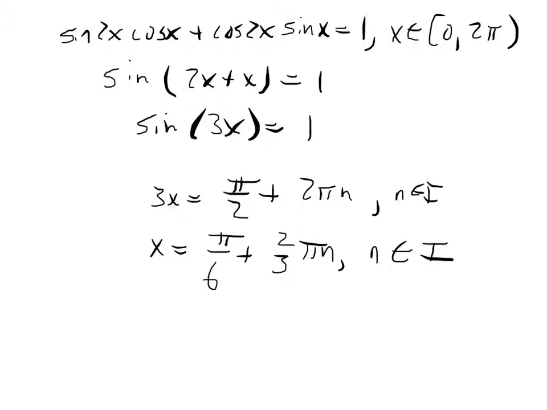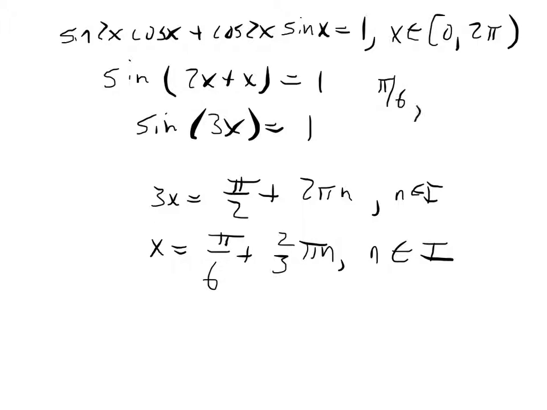And now I want to get all solutions between 0 and 2 pi. Let's see what values of n give me solutions between 0 and 2 pi. If I plug in 0 for n, pi over 6 plus 2/3 of 0 is pi over 6. So pi over 6 definitely is a solution.